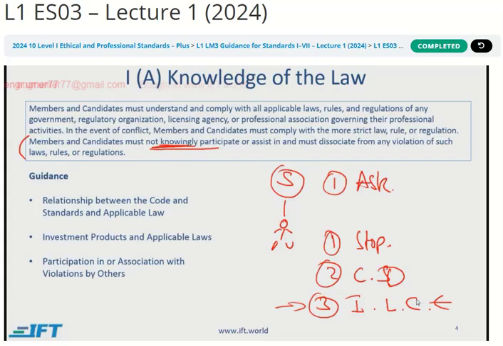If you feel that something unethical or a violation of the code and standards is happening around you and you don't do anything, or let's say you just report to the legal department, the compliance department, and then just continue thinking that I have informed the relevant personnel, then that actually is considered illegal or unethical.